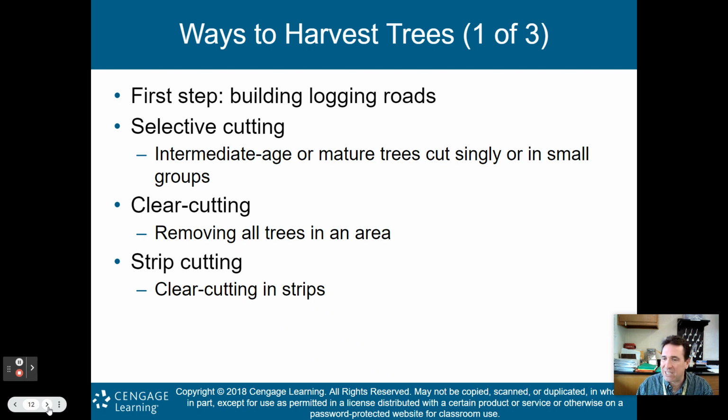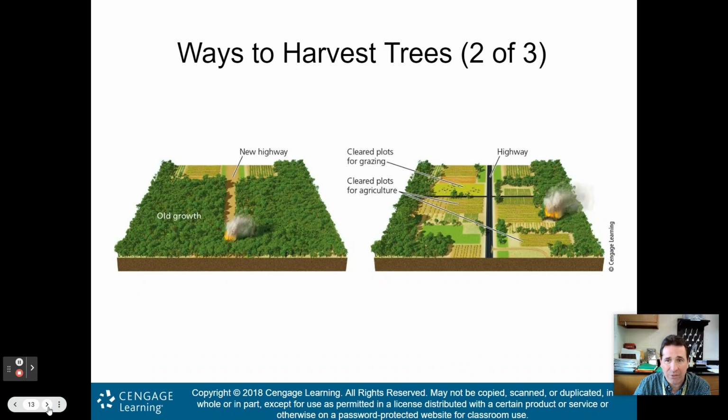That's called selective cutting. You then have something called clear cutting, which is just what it sounds like. You're just clearing out or removing all the trees in an area. And then you have something called strip cutting, which is like clear cutting, but in strips. So instead of taking out an entire forest, you're going to clear strips of forest with trees. So again, selective cutting, clear cutting, strip cutting. Those are your three ways that we harvest trees. And again, we'll talk about them in a bit.